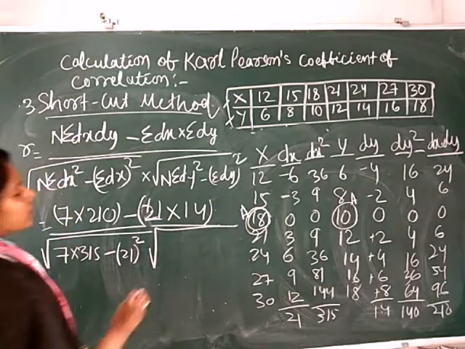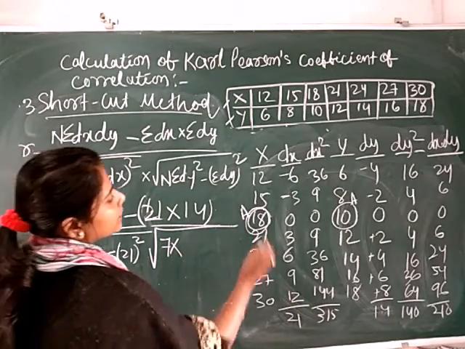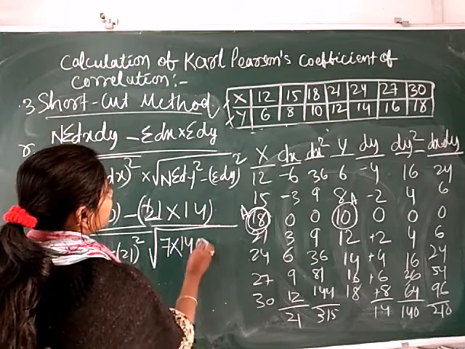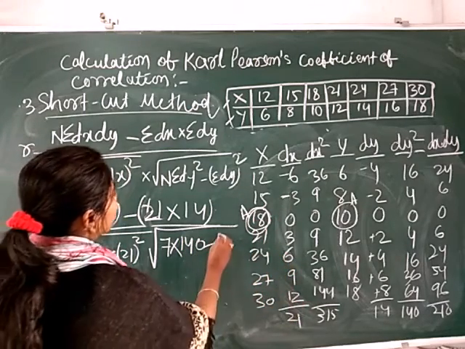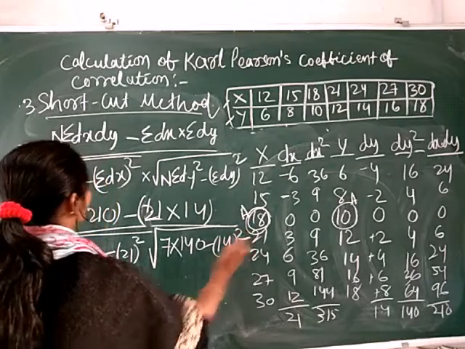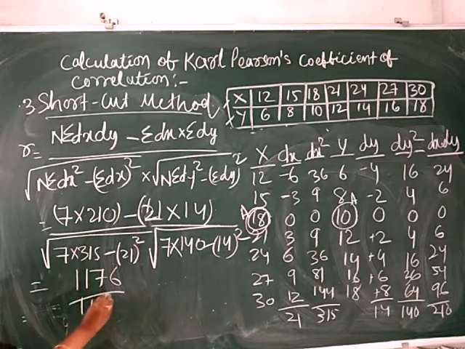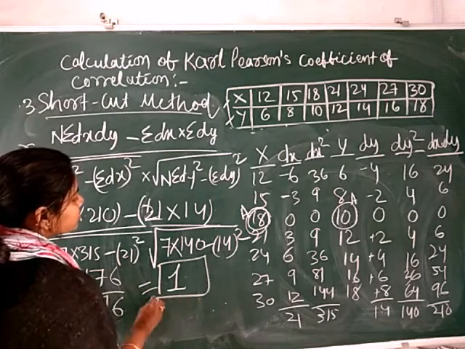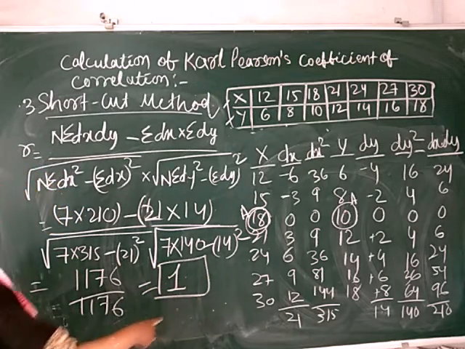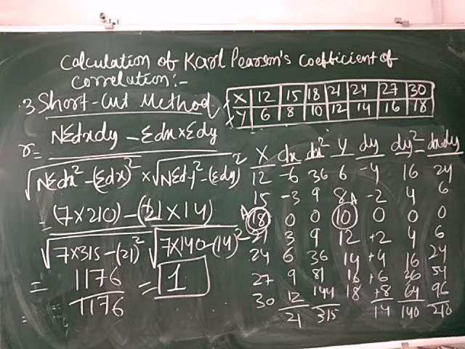Same, square root of n, that is 7, into summation of dy square, 140, minus whole square of summation of dy, 14. Now solve this. This will be 1176 divided by 1176, the answer will be 1. So this is a perfect positive correlation between series X and series Y.